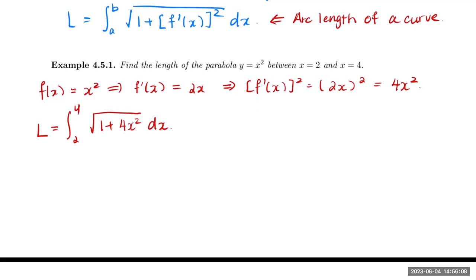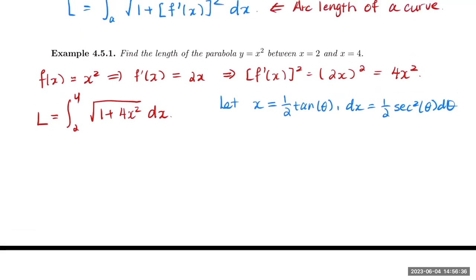So we're going to say let x be equal to half tan theta. So that means dx is just going to be half secant squared theta d theta.